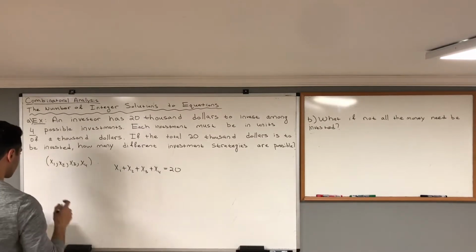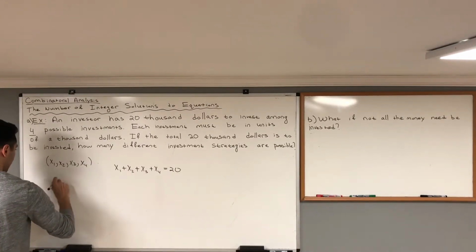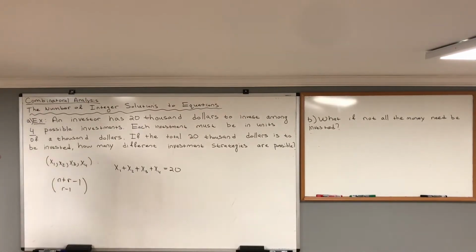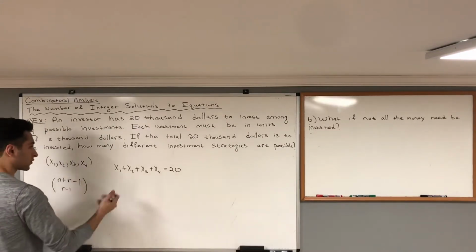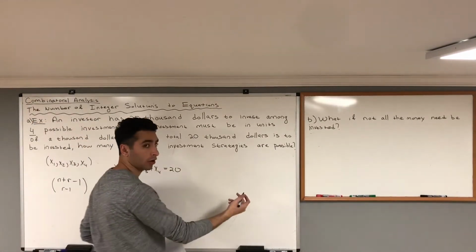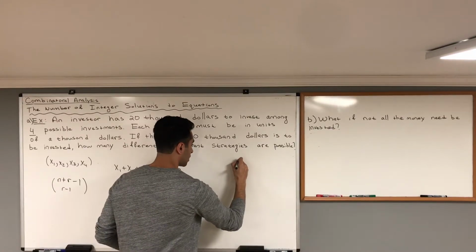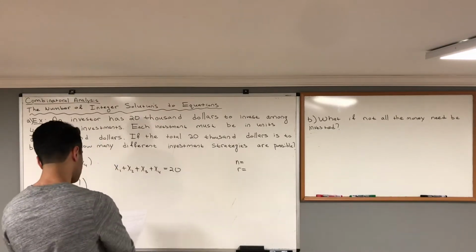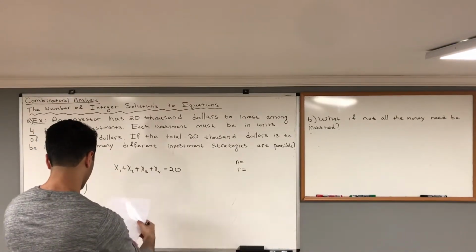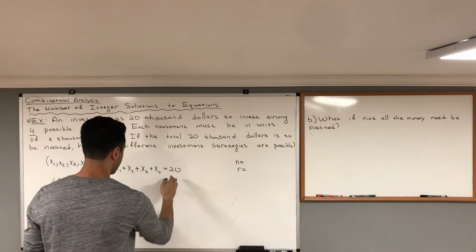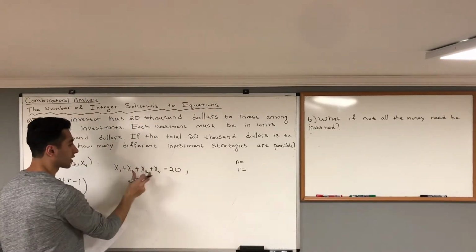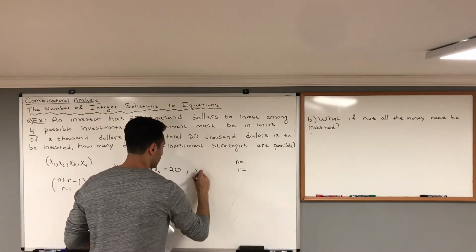Proposition 2 says there have to be n plus r minus 1 choose r minus 1 different strategies. First we have to denote our n and our r. That's always the first step. And also, you can denote for yourself that each investment can be greater or equal to 0.